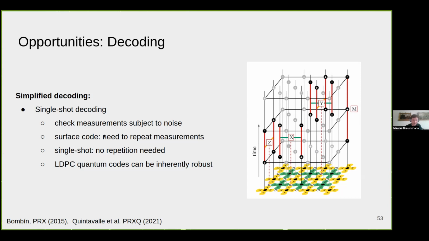This is detrimental for the surface code, as we have to repeat our measurements to gain some confidence. However, single shot means that no repetition is needed. LDPC codes can exhibit the single-shot property either through this linear dependence or through some other means. What I want to say is that LDPC codes can be inherently robust against these types of noise.